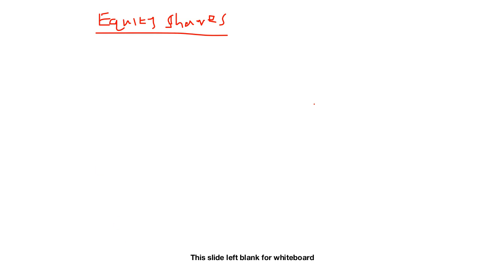So in the equity shares, first of all, we have the equity shares for basic earnings per share. For basic earnings per share, this was 4 million shares. So that is 4 million.